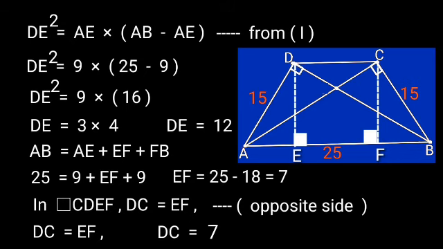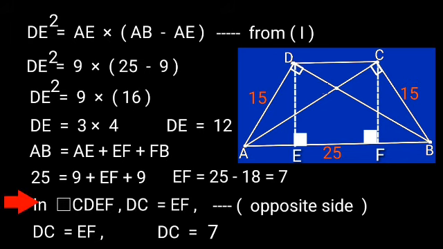Hence, 25 is equal to 9 plus EF plus 9. Then we get EF is equal to 25 minus 18, is equal to 7. Hence, EF is equal to 7.